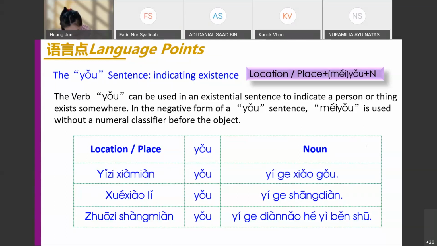Which day? I hope you focus in class. 写汉字 submit at which month? Which day? 写汉字在12月20日, very good.